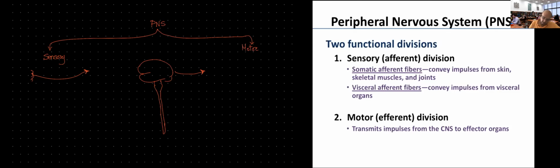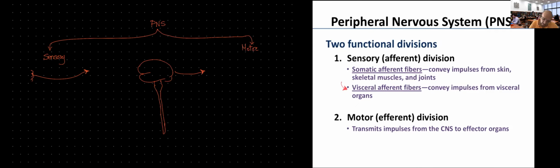If I am dealing with a sensation that is detected from the internal organs, from the visceral organs, I have got a stretch in my blood vessels, I have a stretch in my stomach, I have a change in my blood sugar level. Those sensations are going to be sent through a type of nerves that we call the visceral afferent fibers.